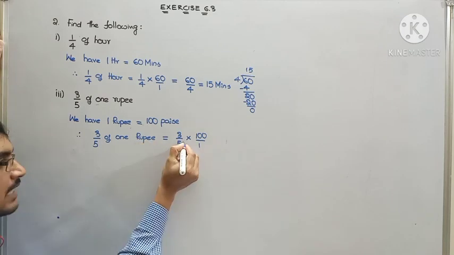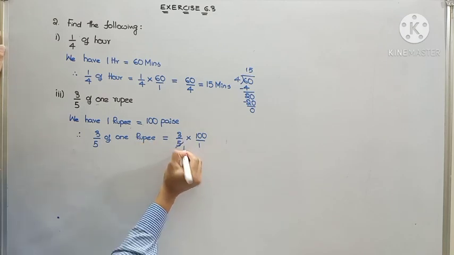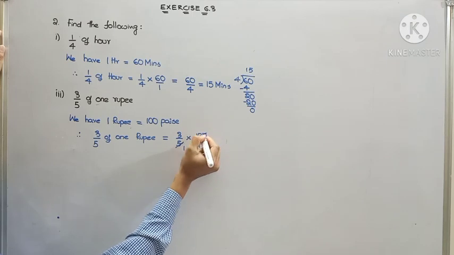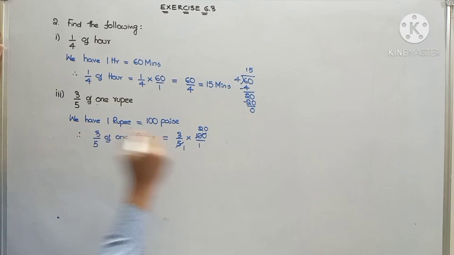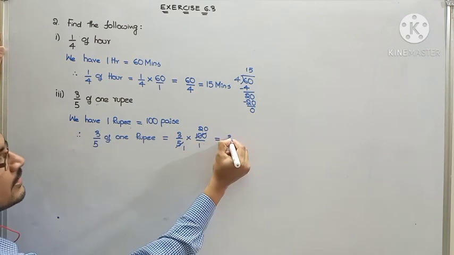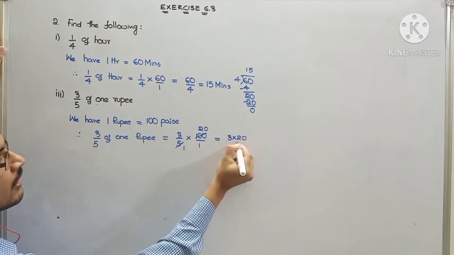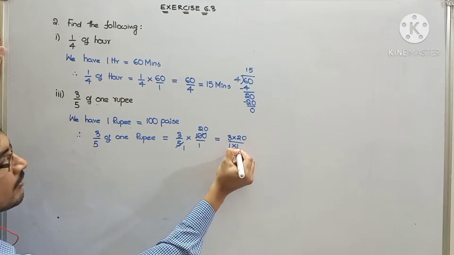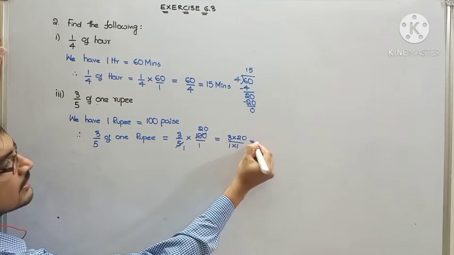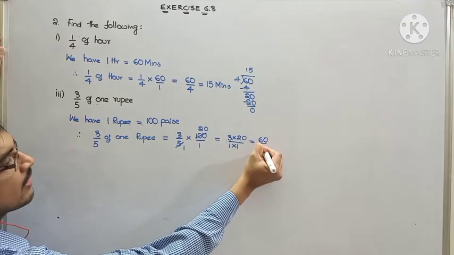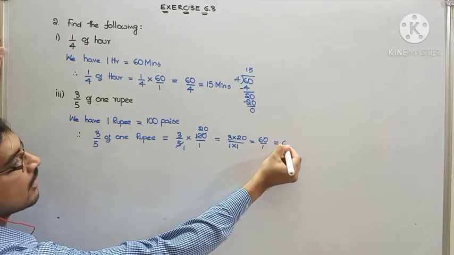Here we have a chance of cross cancellation: 5 times 1 gives us 5, and 5 20s are 100. So which is equal to 3 into 20 by 1 into 1, that is equal to 60 by 1, or 60.